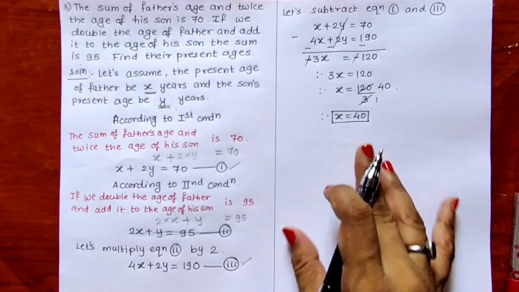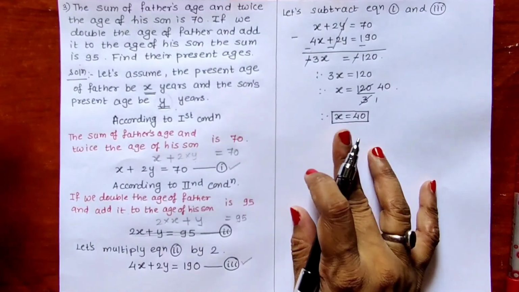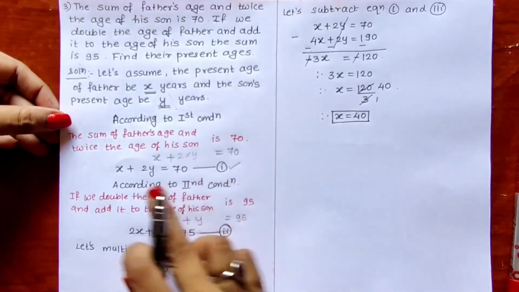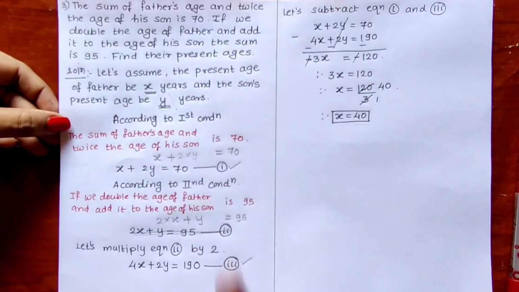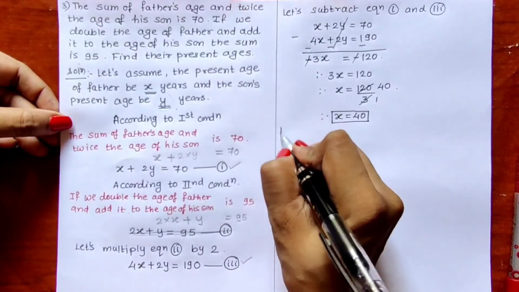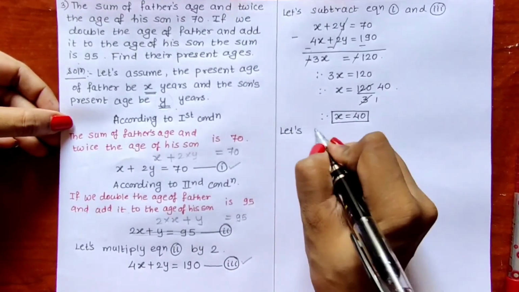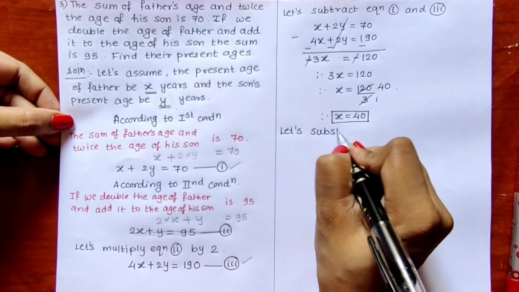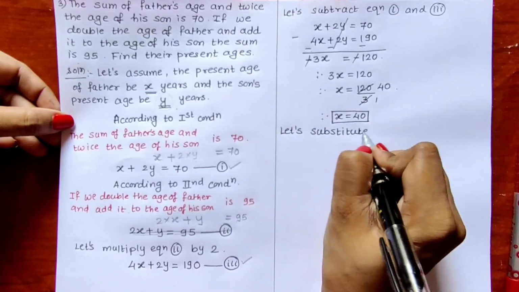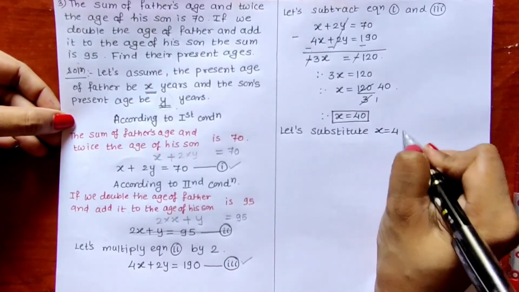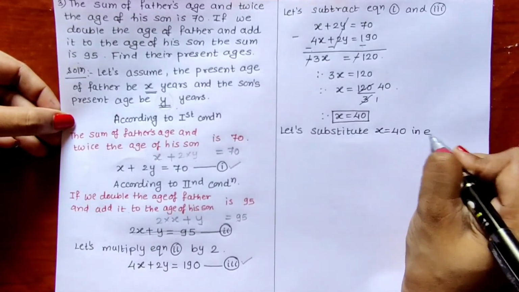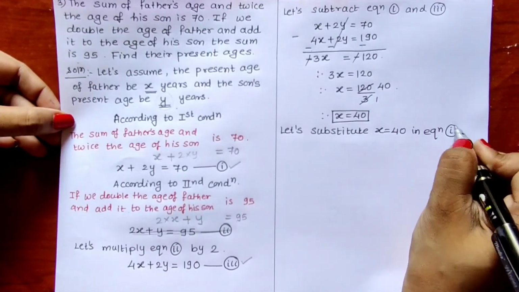Now let us get the son's present age by substituting the value of x in any one of the equations. We will put in equation number 1. So let us substitute x is equal to 40 in equation 1.